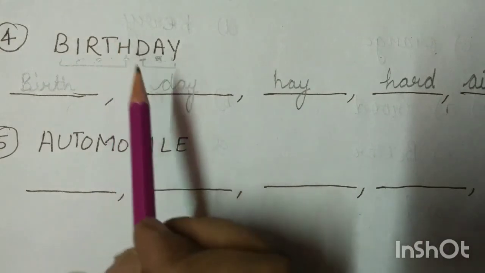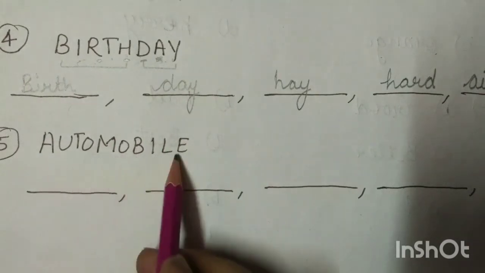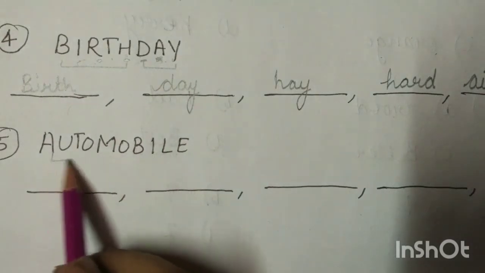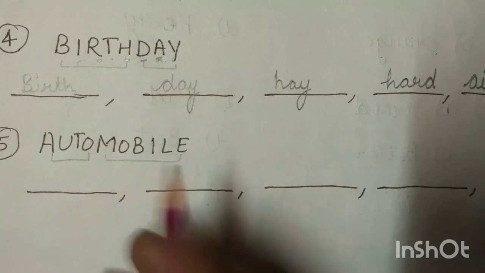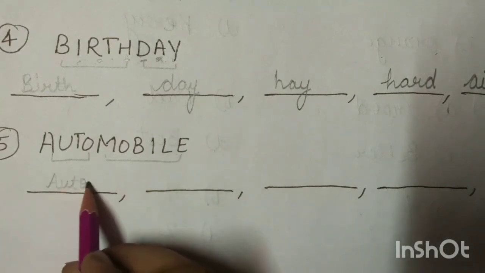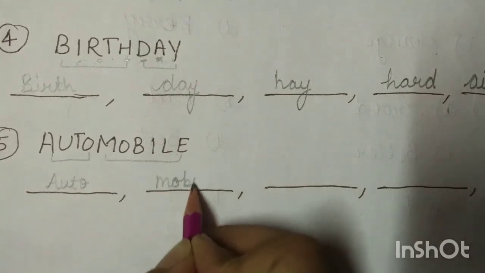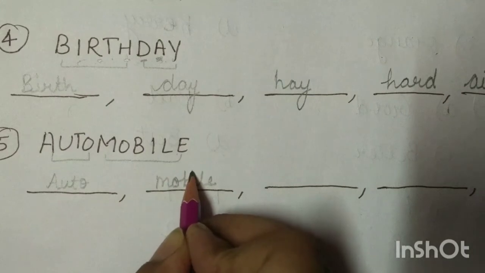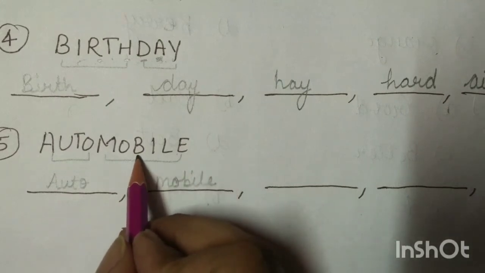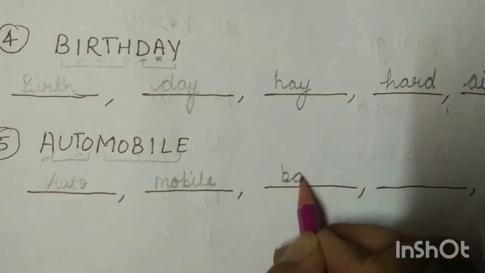Now next word is automobile. Auto and mobile. So these two words we have already found out. Auto, mobile. Then B-A-T, bat.